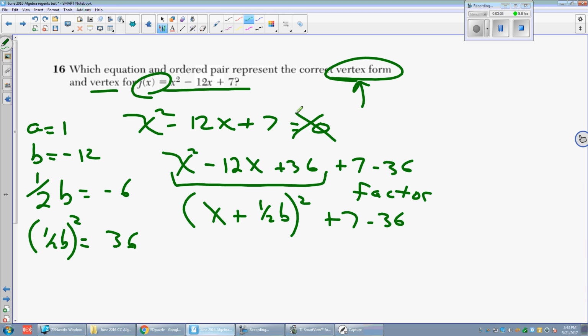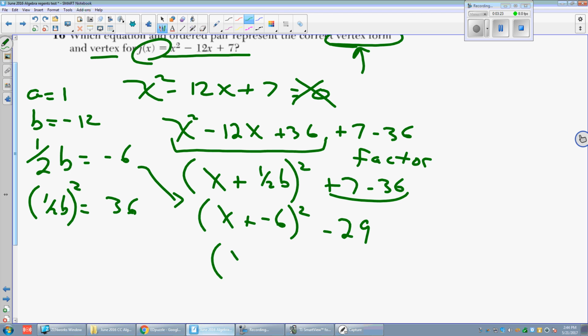There's not going to be any half of b's in the answer. Notice that the square is on the outside. So the x and then half of b, which was negative 6, quantity squared. Now, do you know what that is? I do. It's minus 29. I'll bet you that the answer is really going to be x minus 6 squared minus 29.